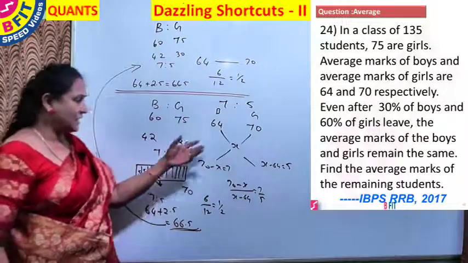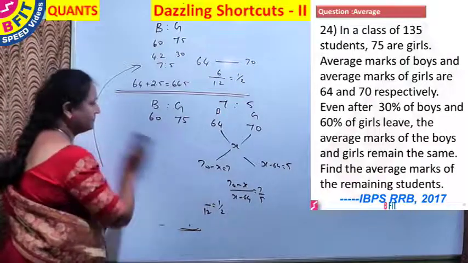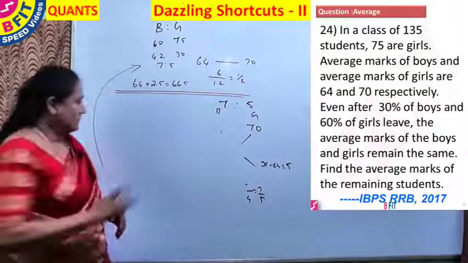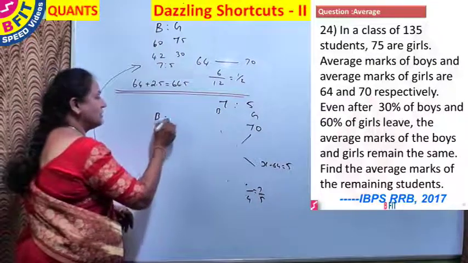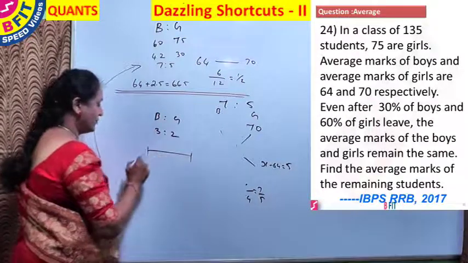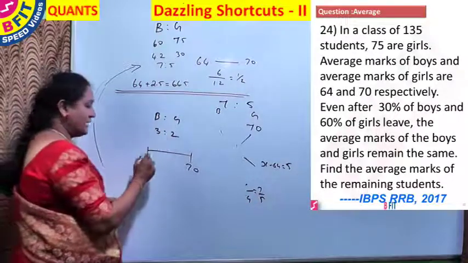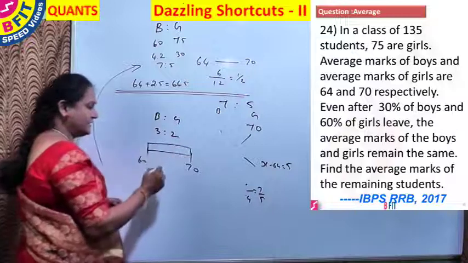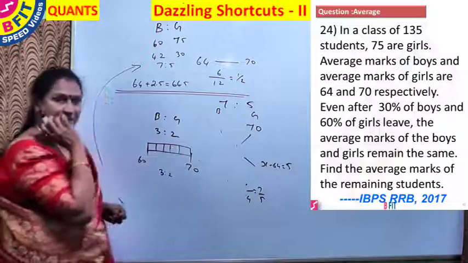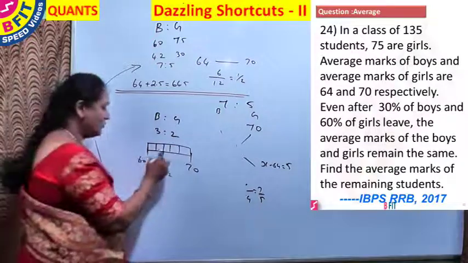Suppose I explain this with another example. Say the ratio of boys and girls is 3:2, the average of boys is 60 and of girls is 70. What is the difference in data? It is 10. How many parts should it be divided into? 5 parts. Now for the average of the whole, you take the other part, which will be 2 parts less.